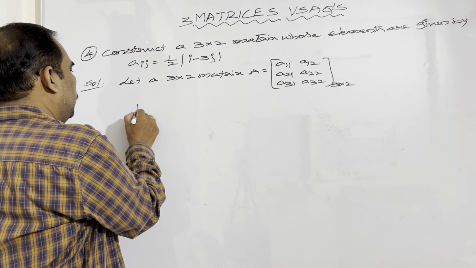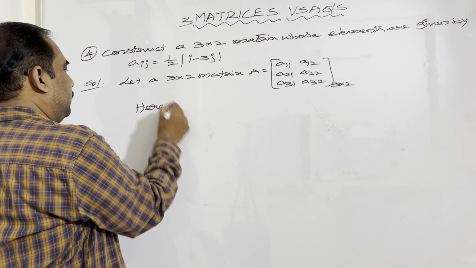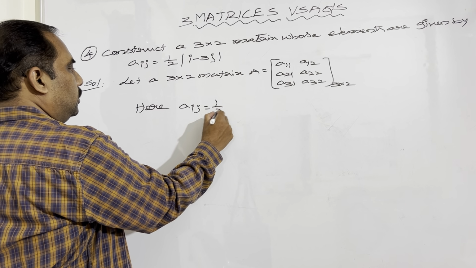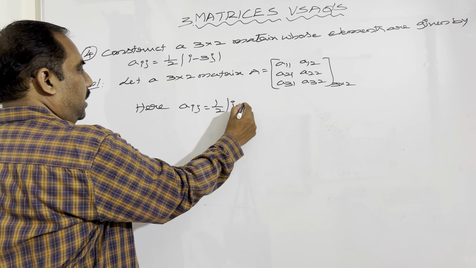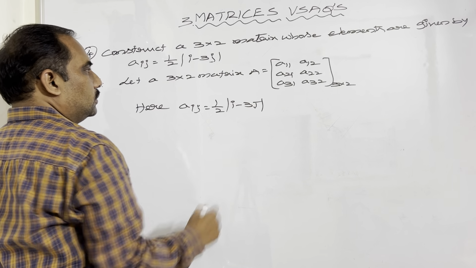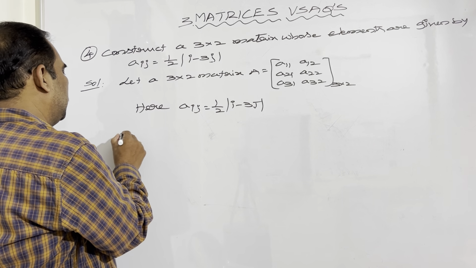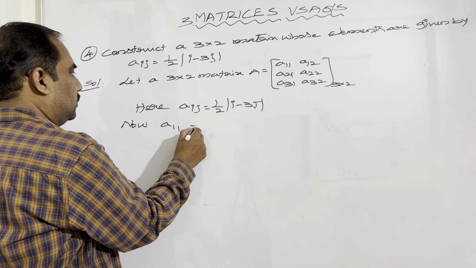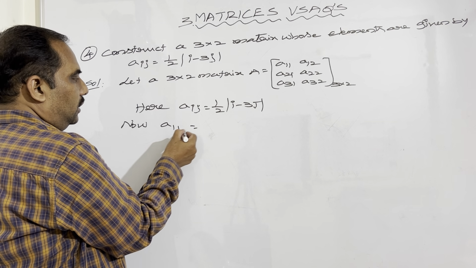Here we have Aij equal to 1 by 2 into modulus of I minus 3j. From this we have to find the elements. First, A11: here I is 1 and j is also 1.